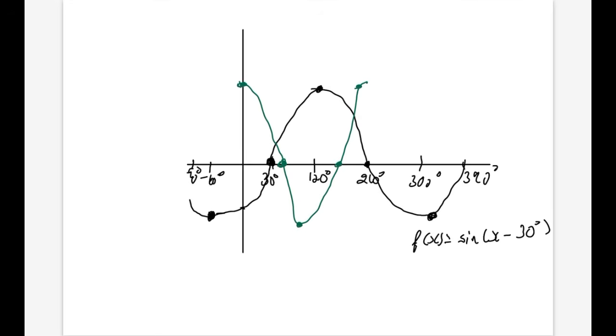Okay, something like that. With the green one, it's going to keep going as well, going all the way down, and usually it would come back to touch the x-axis at 90, but it's now going to do so not at 90 but at 45 degrees. So somewhere right here at 45 degrees, it'll touch the x-axis.